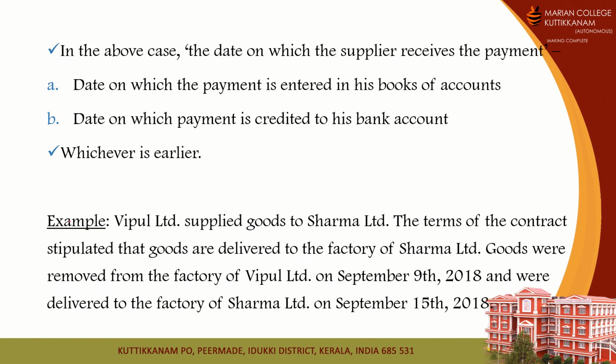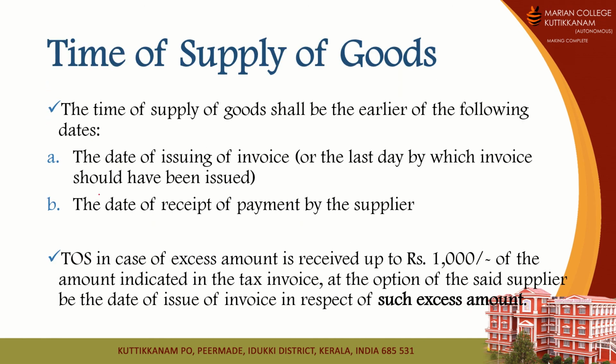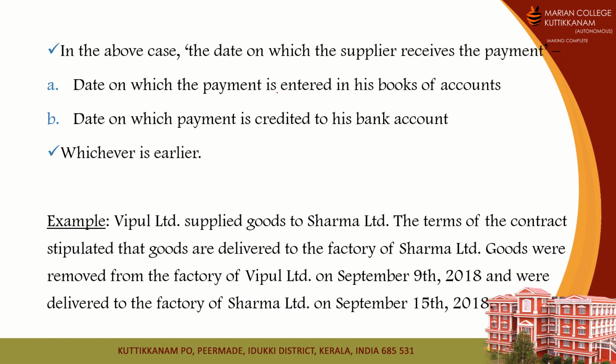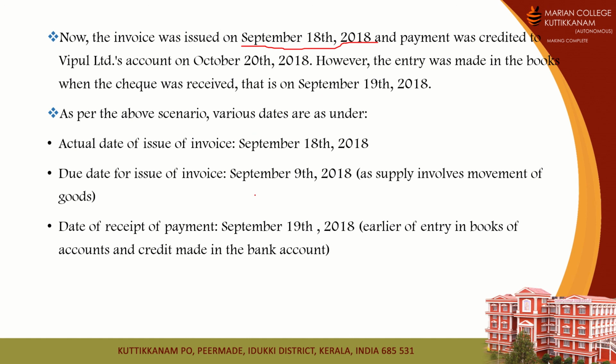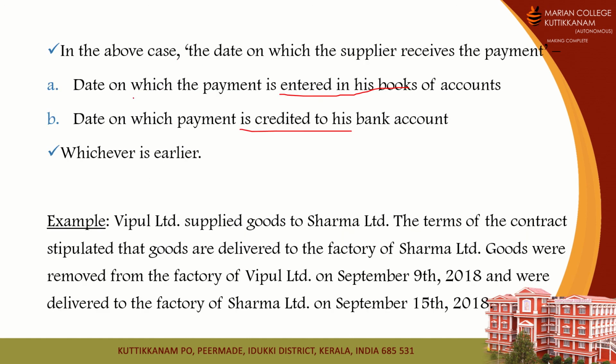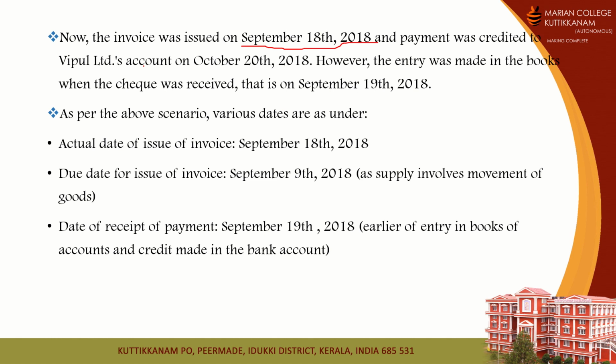Then we have the second condition, that is the date of receipt of payment by the supplier. I told you this condition can be classified into two, that is the date on which payment is entered in his books and the date on which payment is credited, whichever is earlier. So let's see here. The date on which payment is entered in his books: the entry was made in the books when the check was received, that is on September 19th, 2018.